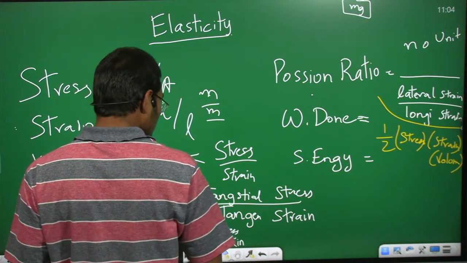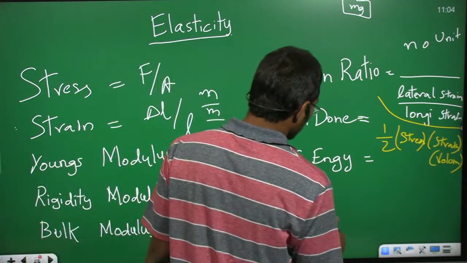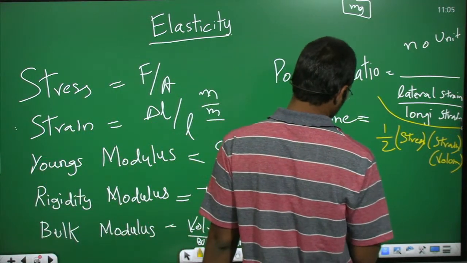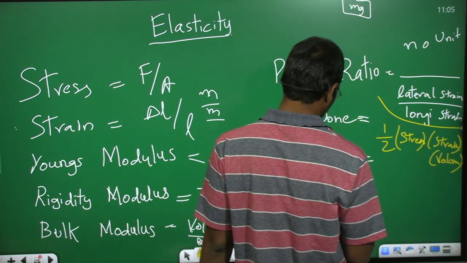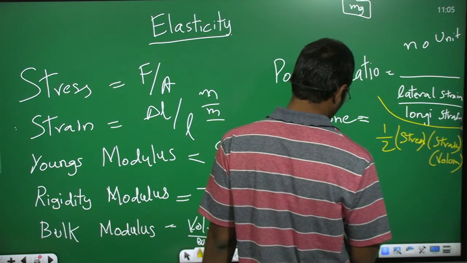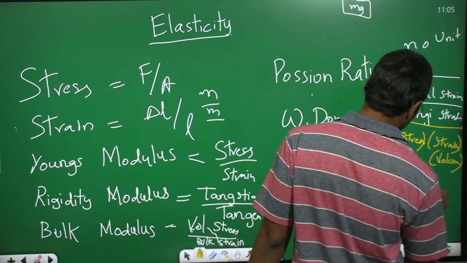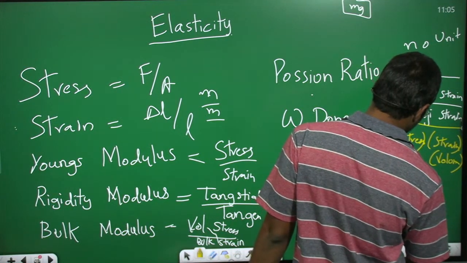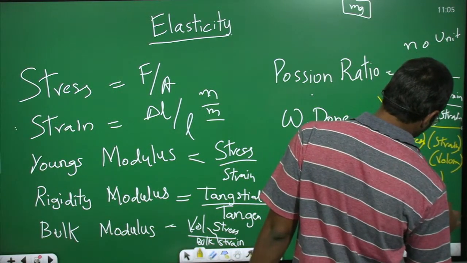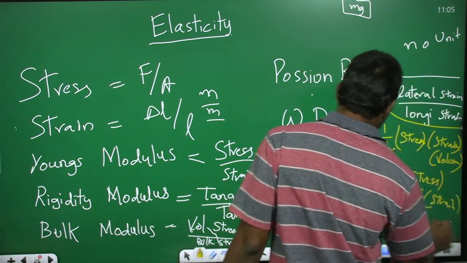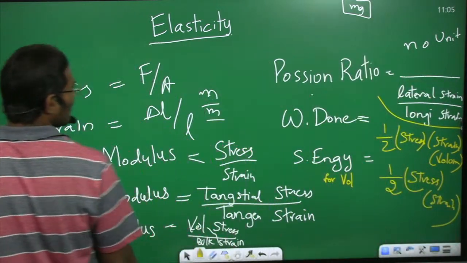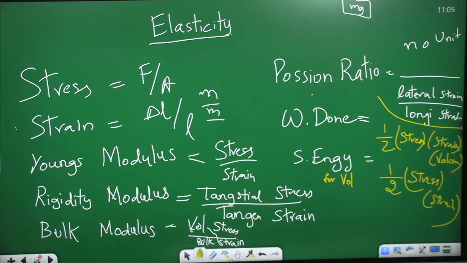The strain energy stored per unit volume is nothing but half into stress into strain, right? See, these are the fundamental formulas that we can draw from elasticity.